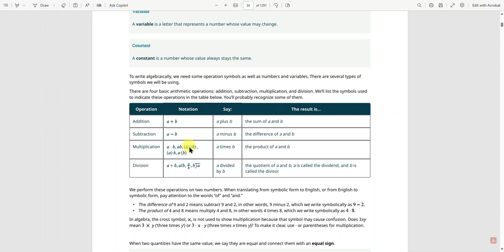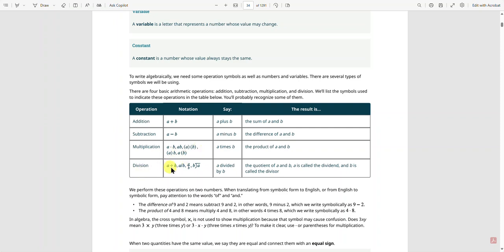This is the quantity A times the quantity B. And we can also do it with one of the variables in parentheses and one not in parentheses. This would be read as A times B, and this would be read as A times B. So all of these are ways to express multiplication in algebra.